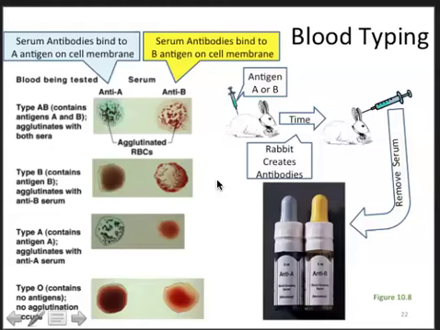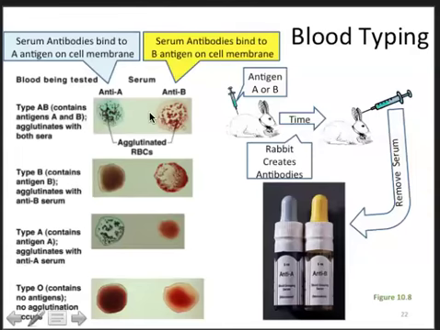So what you can see here in these panels are examples of what happened when we mix whole blood with the different antisera. Here in the top panel, you're seeing a sample from a patient. One portion of the sample was mixed with anti-A antibody, and one portion of that same sample is mixed with anti-B antibody. And what you see is agglutination in both samples.